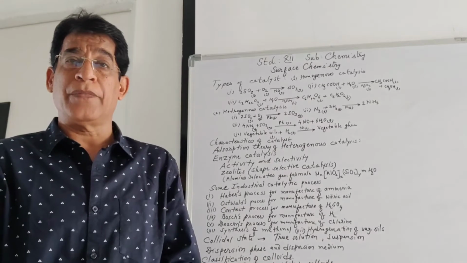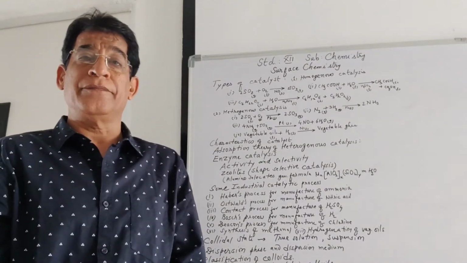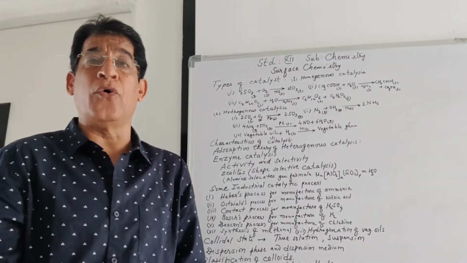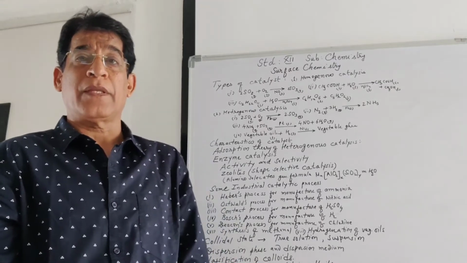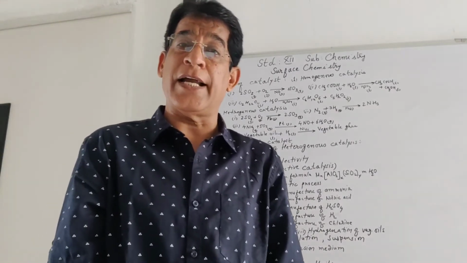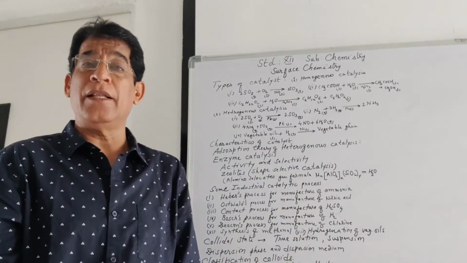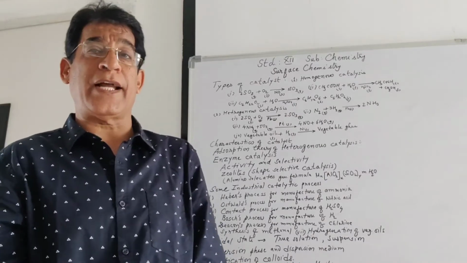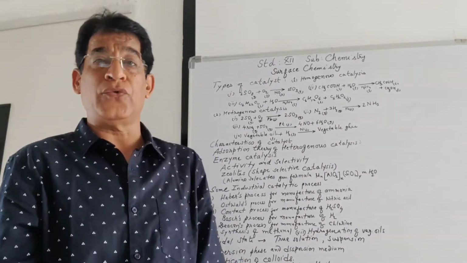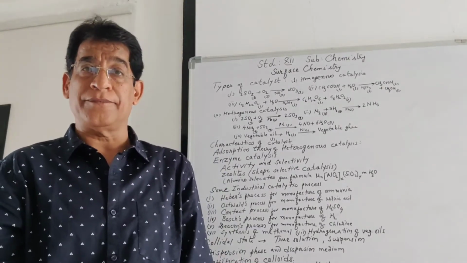For example, the reaction between H2 and O2 to form H2O in the presence of platinum as catalyst takes place with explosive violence. In the absence of a catalyst, H2 and O2 can be stored indefinitely without any reaction.